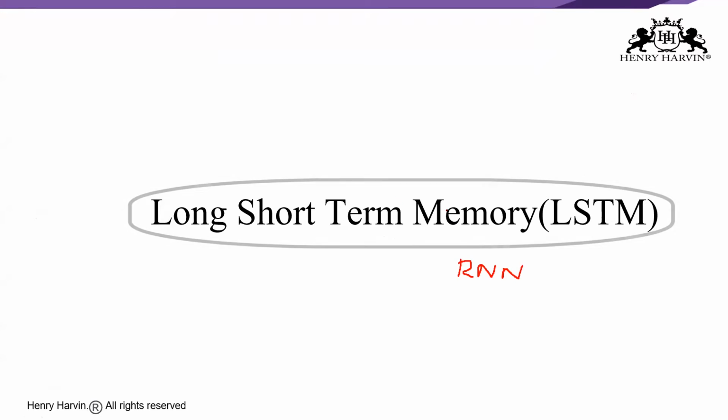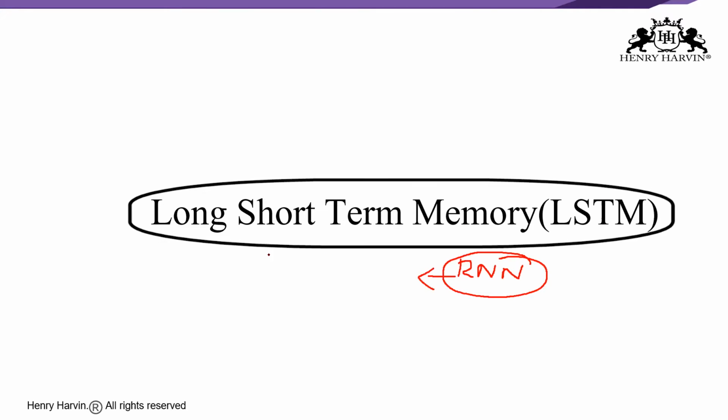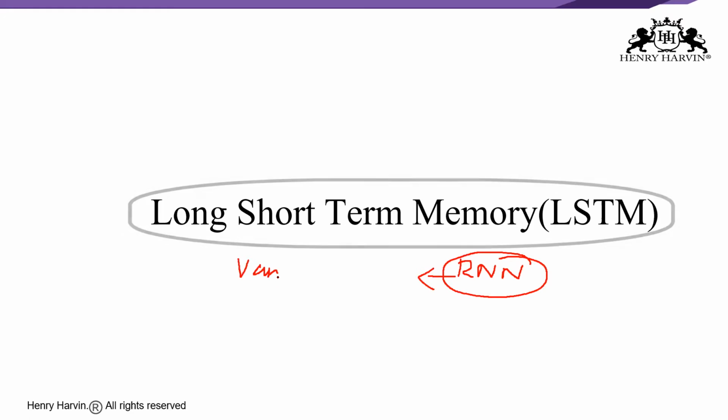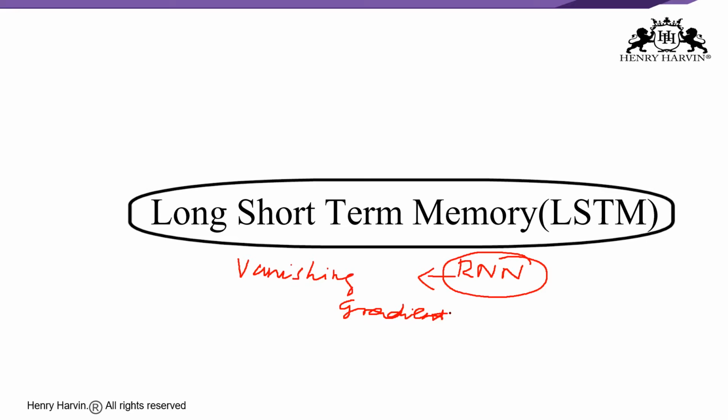What we have seen in RNN is that it has a limitation, the vanishing gradient problem. Long short-term memory is capable of handling the vanishing gradient problem.